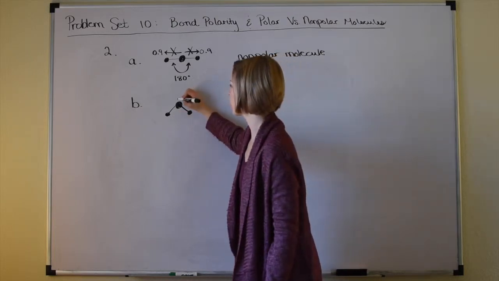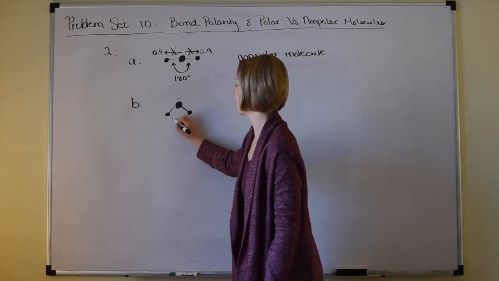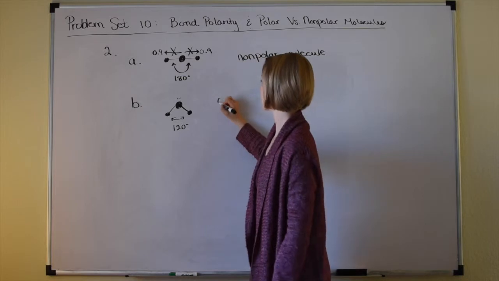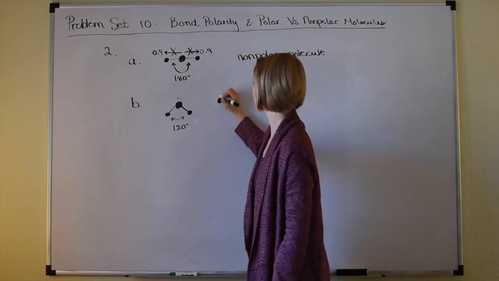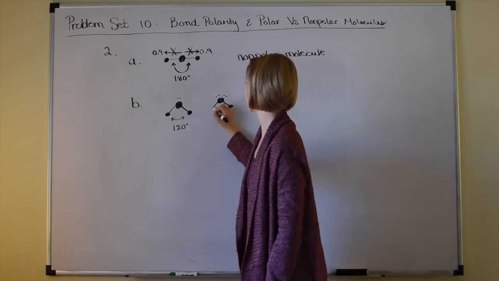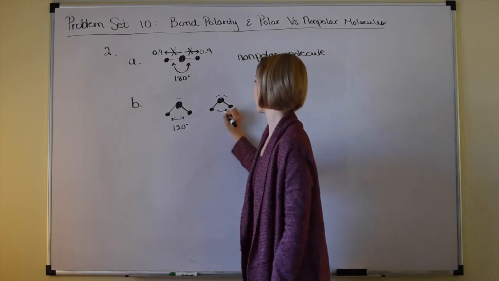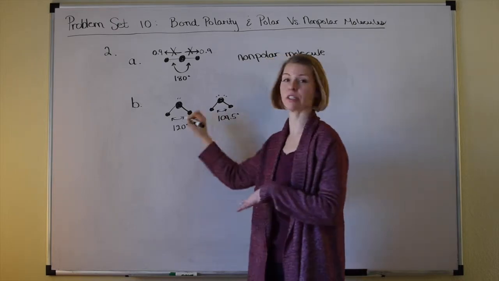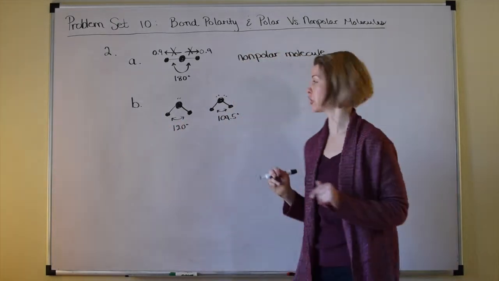There's either one lone pair here, creating a bond angle of 120, or there could be 2 lone pairs, creating a bond angle of 109.5. Okay, either way, these are bent molecular geometry.